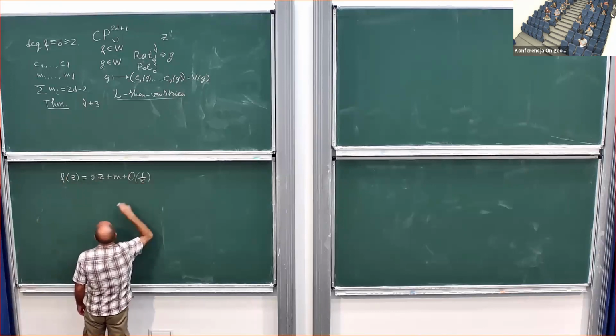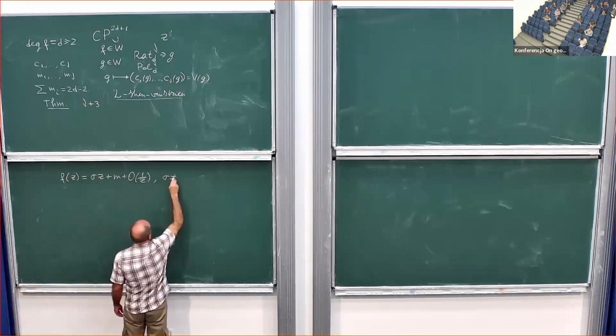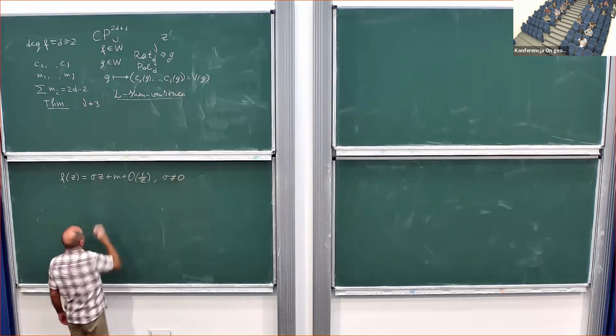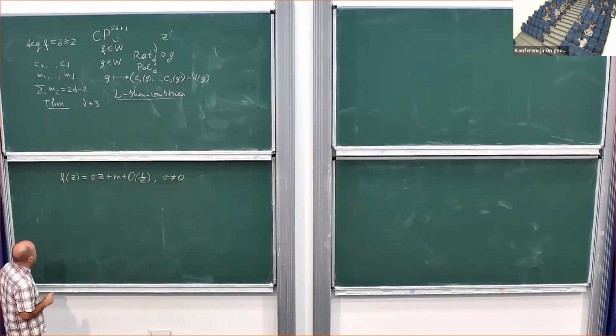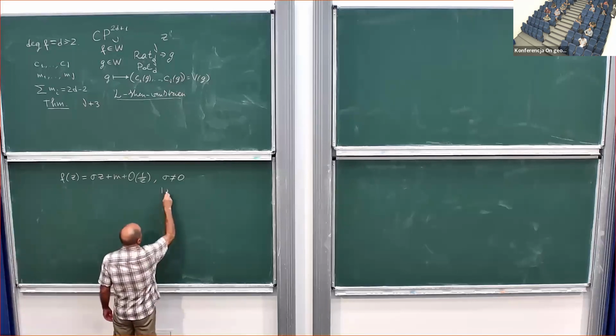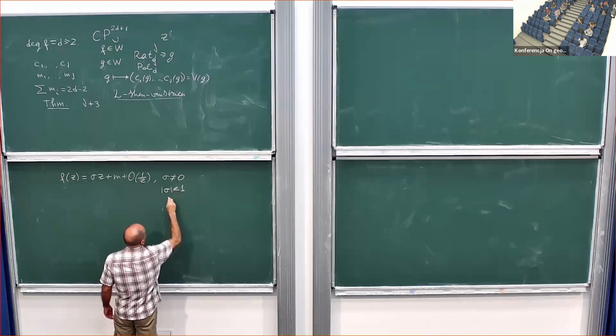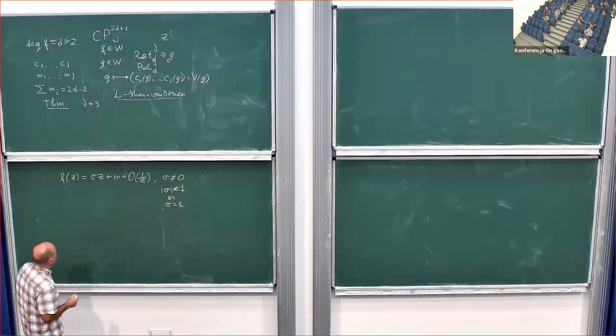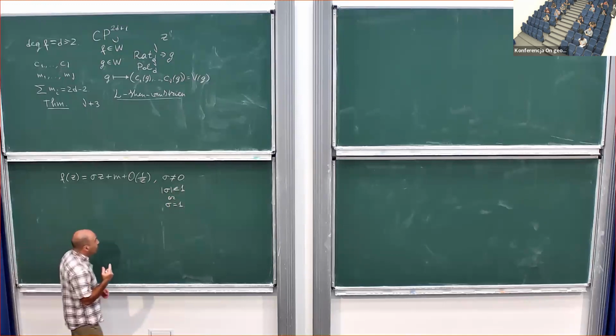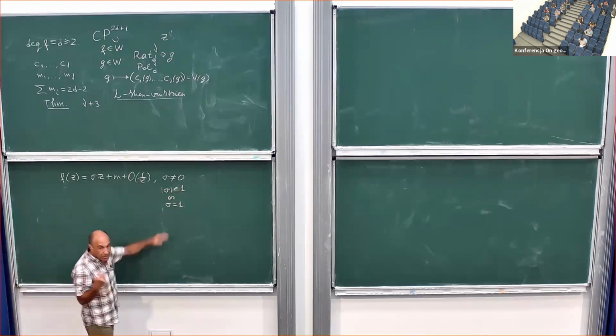This is a complex number, not zero, because one can always assume that it is like this, or because any rational map has either an Abelian fixed point or a fixed point with multiplier 1.